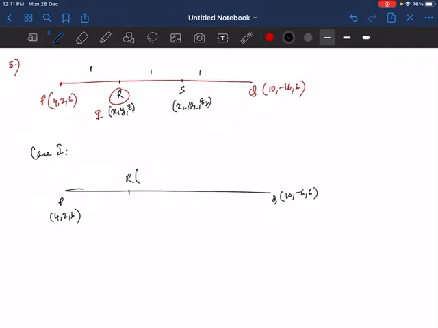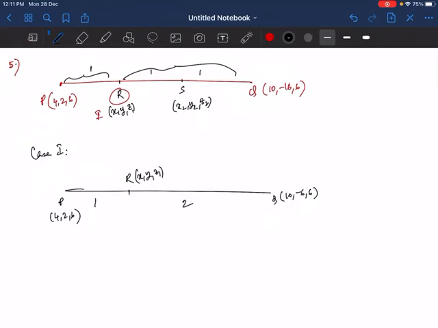R coordinate will be x1, y1, z1, and here there is no S. So you see that the point R divides the line PQ in the ratio of 1 is to 2, because this length is 1 and this length is 1 plus 1, that is 2.